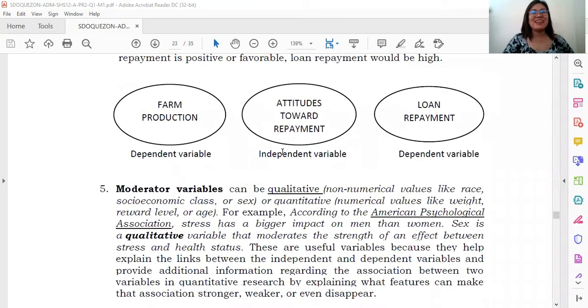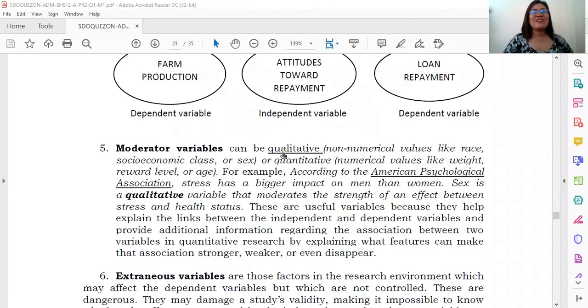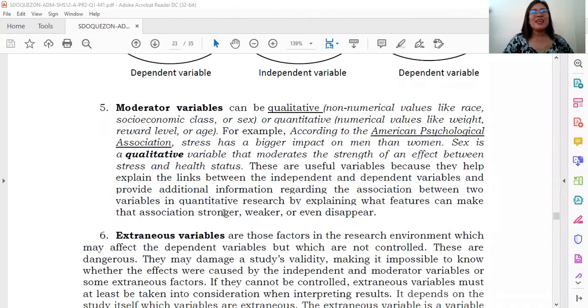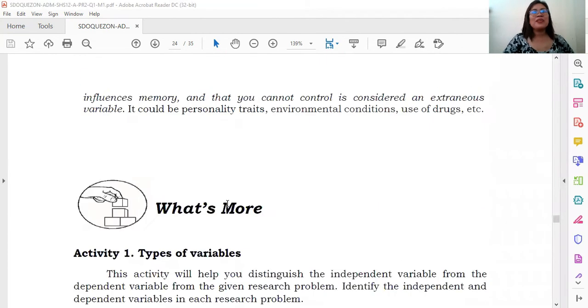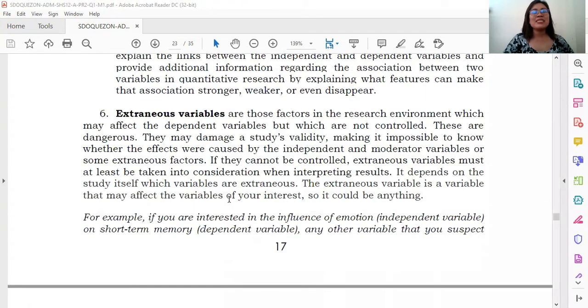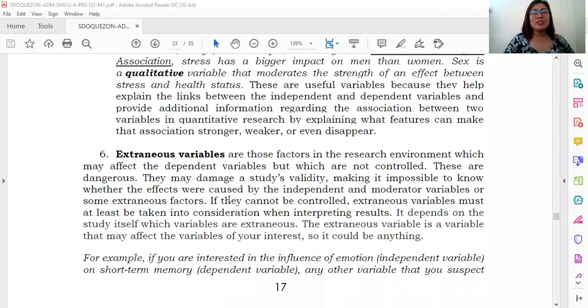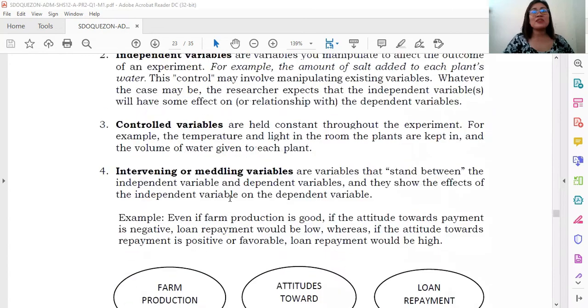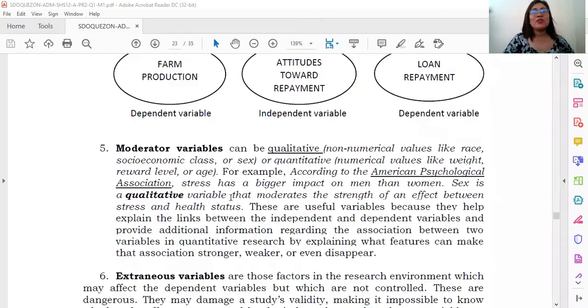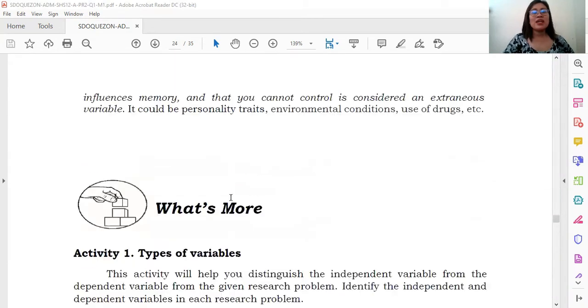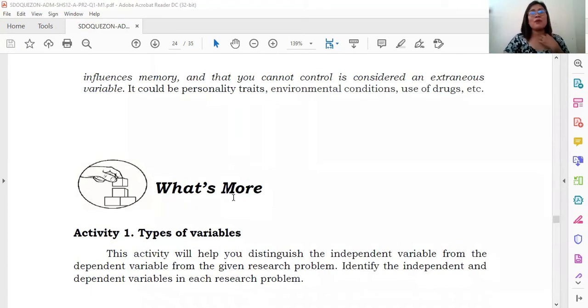I like that very much. And of course, we also have the moderator variable and the extraneous variable. That would be 6 variable types that you'll be encountering on page 17 of your module. So please try to understand the differences among all those 6 variables.